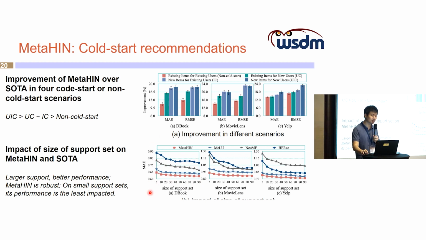This is MAE, so higher is worse. But our method is actually quite robust. Even if you reduce the support set, meaning the number of examples becomes smaller and smaller, we are still quite robust and don't decrease so fast. This is because we learn the prior and can adapt it to the cold start users.